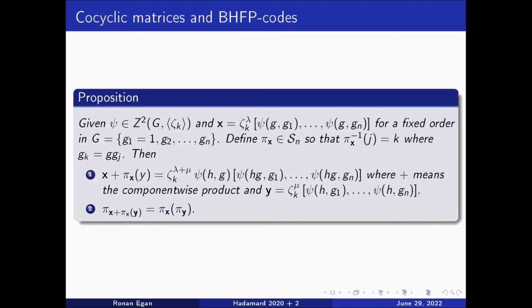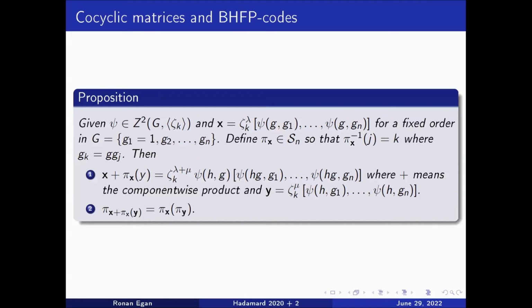I'm back into the kth roots here as opposed to the integer exponents. And then I can define my permutation of the coordinates in such a way that it sort of respects the way G acts on itself. And then I have this, the result of adding x to the vector you get by applying the permutation isometry of x to y, and this second condition here as well.